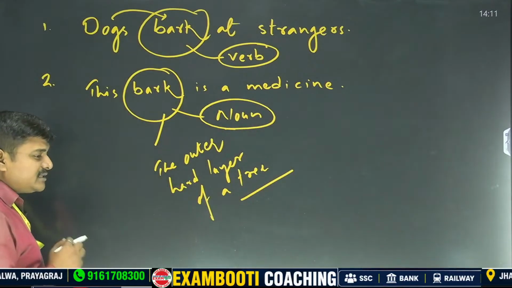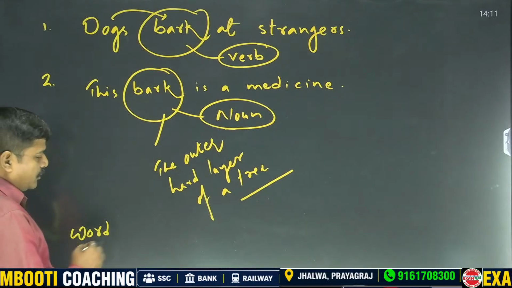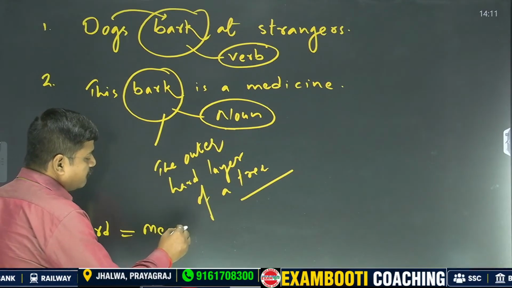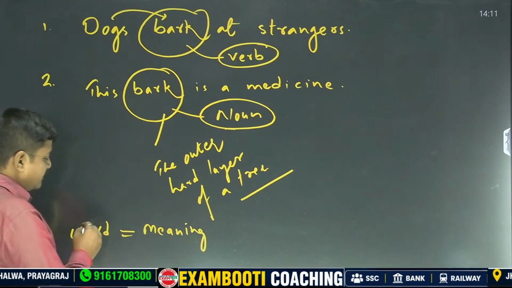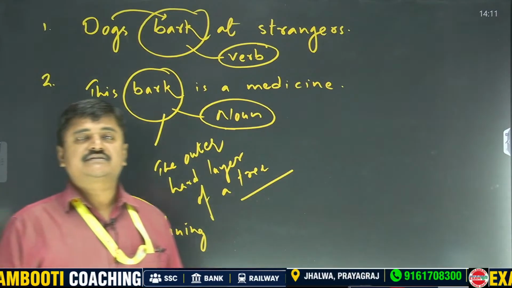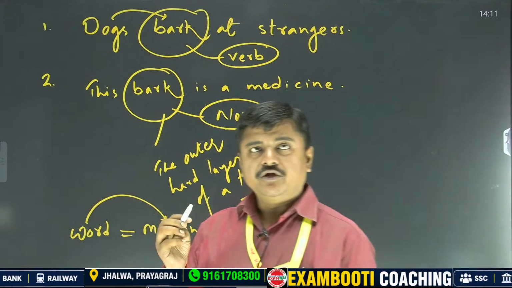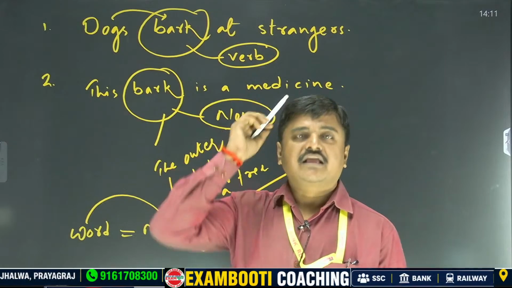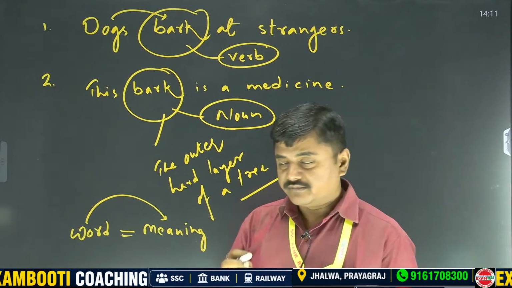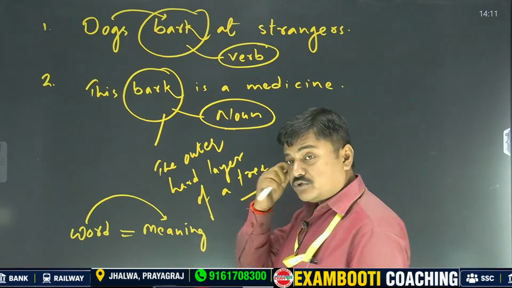The conclusion is, whenever you see a word, don't jump to its meaning. You always do the same. You see the word and you reach the meaning. This is the general common mistake you actually make, you are doing it at regular intervals. So don't do that.